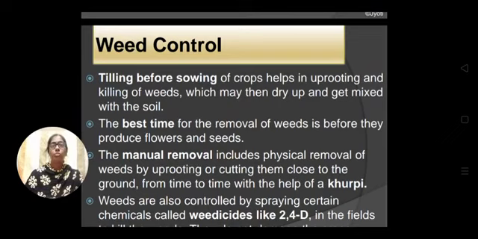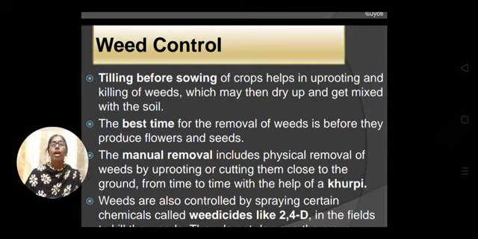From one part of the field to another part, the seeds may be dispersed, and there will be widespread growth of these weeds. That's why it is very much essential to remove the weeds before they produce the flowers and seeds.